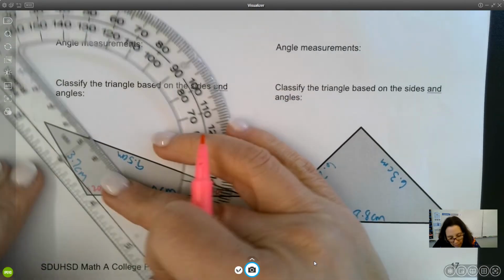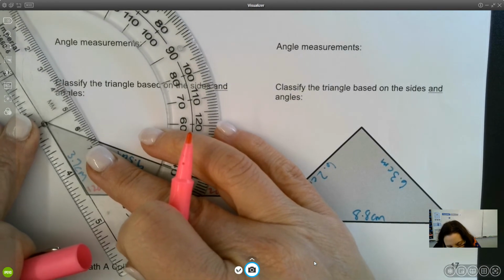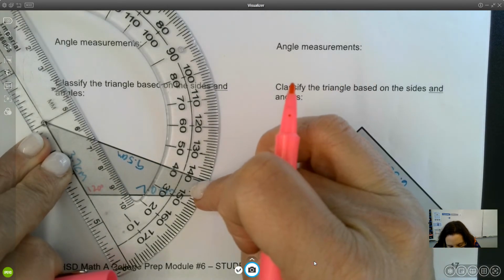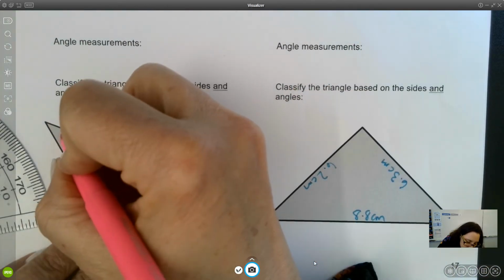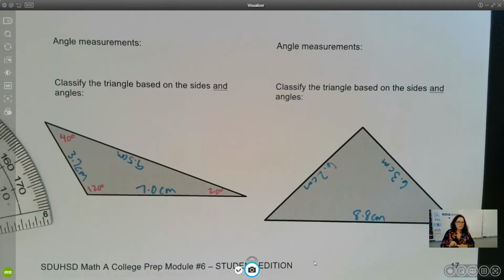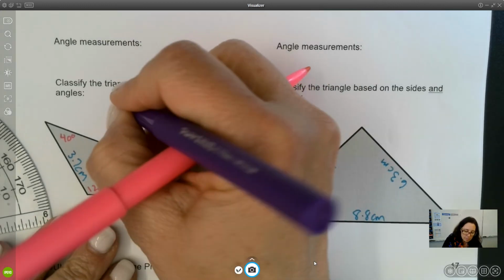And then this guy right here, it's going through 40. So again, the pink numbers should add up to 180. Okay, I definitely have a scalene, but obtuse this time because this one angle is bigger than 90. Scalene obtuse.